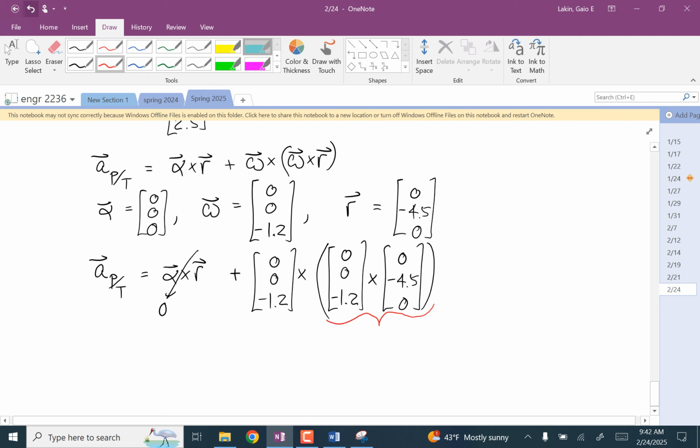So 1.2 times 4.5 is 5.4. So negative 0.90. How can that be? That doesn't make any sense.